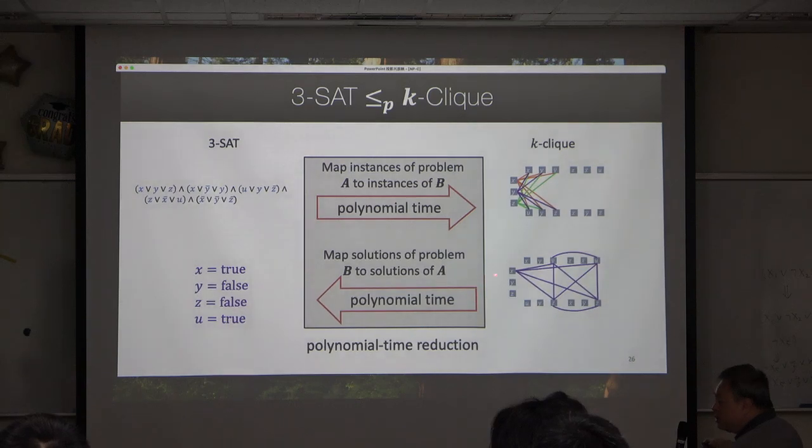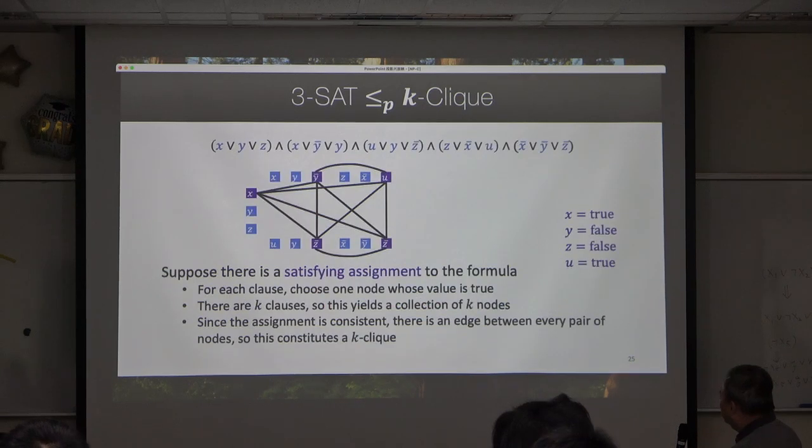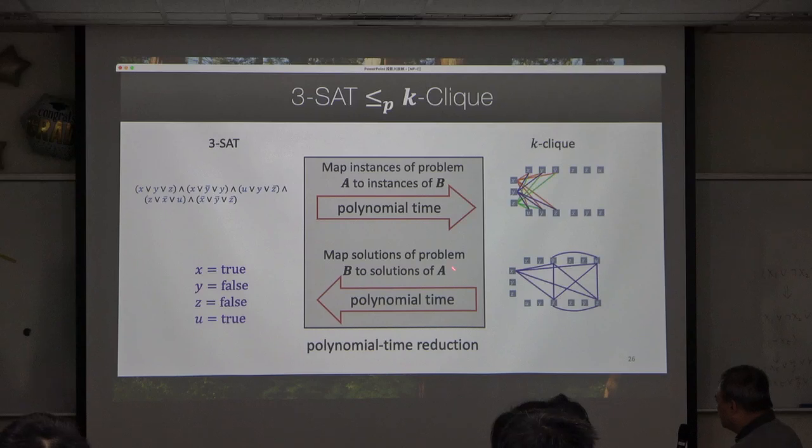You just need to know, oh, if there's a 5 clique there, from here you can map back to here. That's exactly what we are talking about here. Okay, so this mapping again is polynomial time, and this one is the solution for this, right?